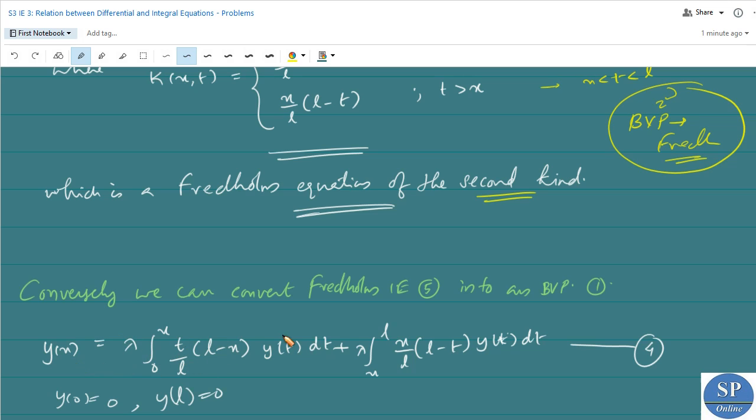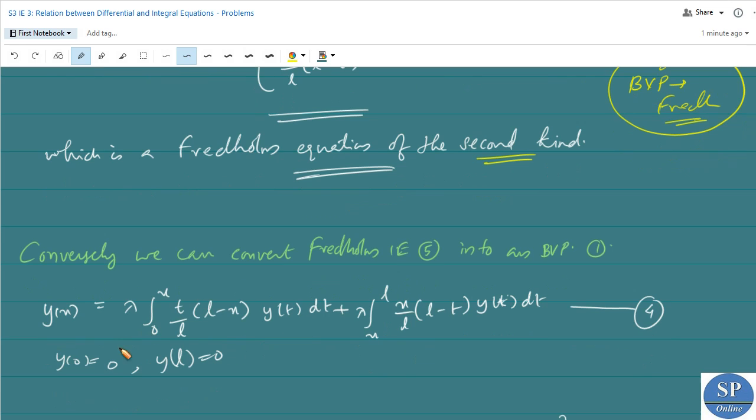From this itself, we can find the boundary conditions, because we are already given that the boundary points are 0 and L. So when x is equal to 0, we have the integral from 0 to 0, so this integral is 0, and here lambda into the integral from 0 to L, x is 0 here, so this term will be 0.